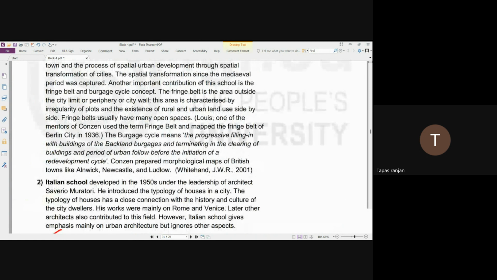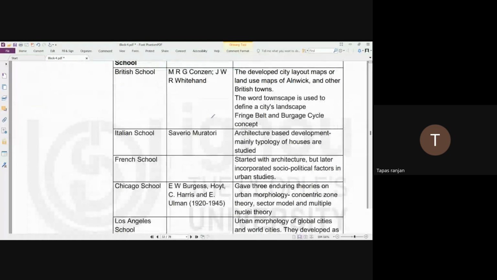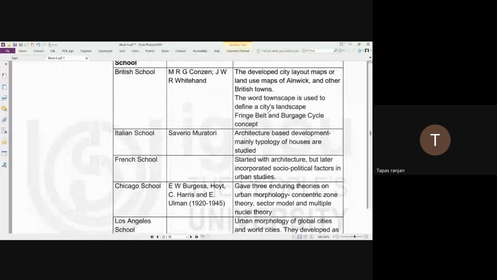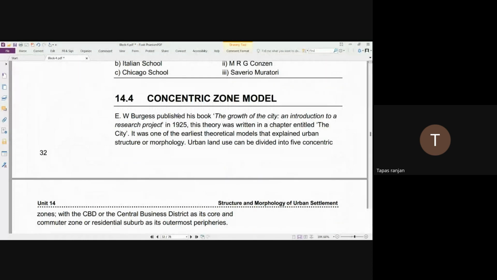So in that way, different theories have evolved through time, and we'll be discussing a few theories. What are the main contributions that have been given here? You can look into this. First of all, we'll be discussing the concentric zone model, given by E.W. Burgess.